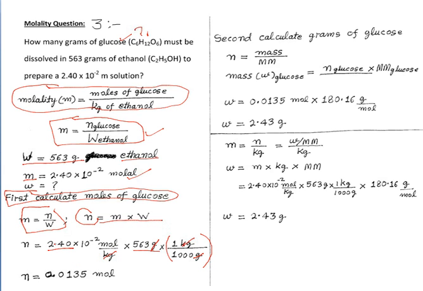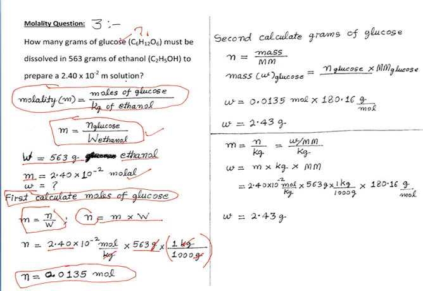So when we multiply 2.40 times 10 to the minus 2 by 563, multiplied by 1 and divided by 1000, the answer will be the number of moles of glucose, and this value comes to 0.0135 mole.